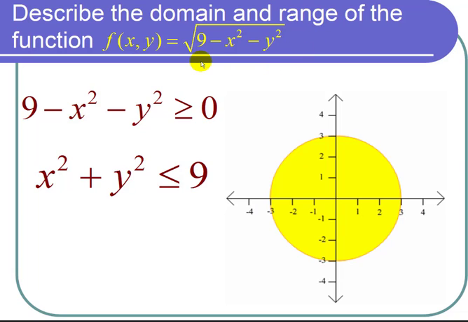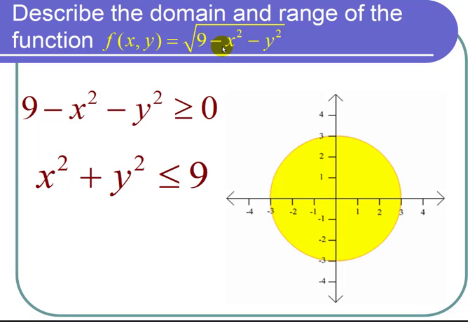The range is going to be all the numbers we get by plugging in x's and y's. First we have a square root, and square roots produce only non-negative values. In particular, notice if x is 3, for example, and y is 0, then we get 9 minus 9, which is 0, and the square root of 0 is 0.